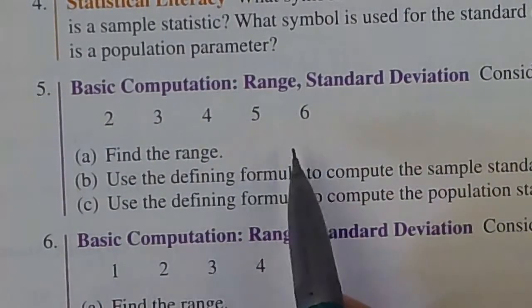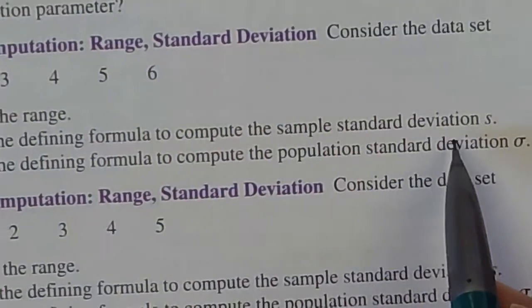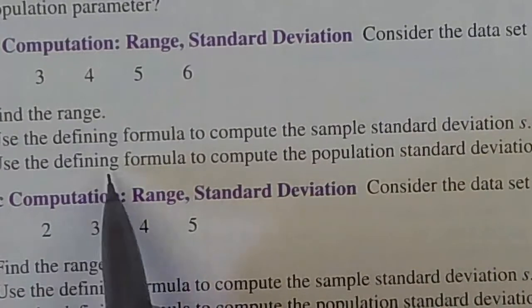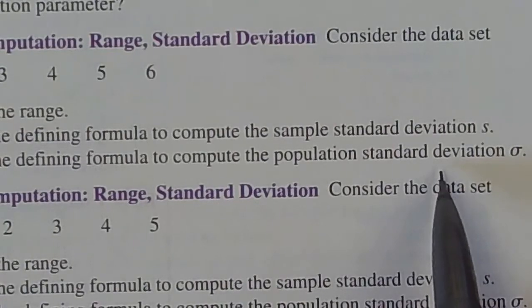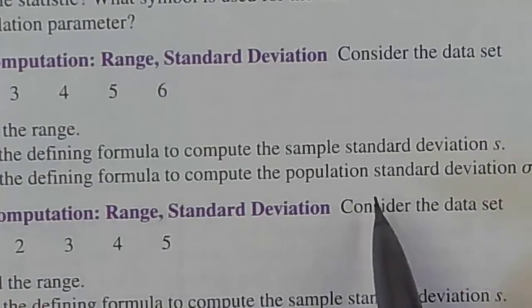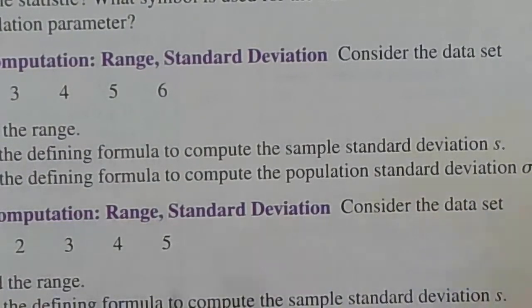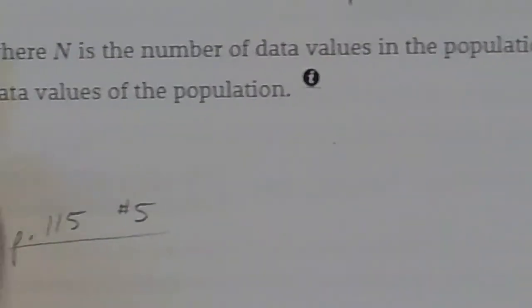We're asked to find the range here, compute the sample standard deviation, and then you're going to compute the population standard deviation. You shouldn't need to do 2 separate charts. All you're going to need is one because it's the same data set, but in the end, the formula is going to be slightly different, okay? So go ahead, do number 5 so we can compare the difference of those two, and then I'll give you feedback on that.